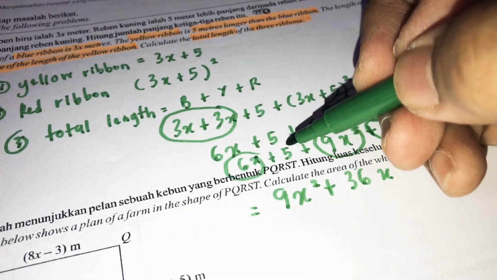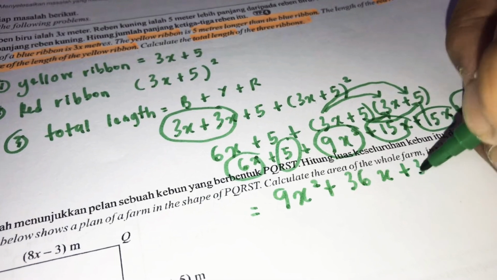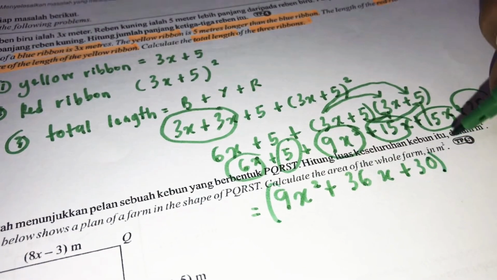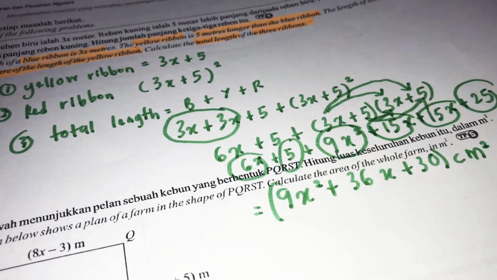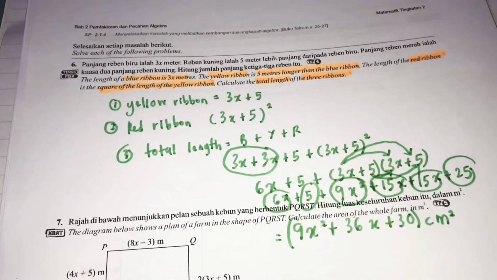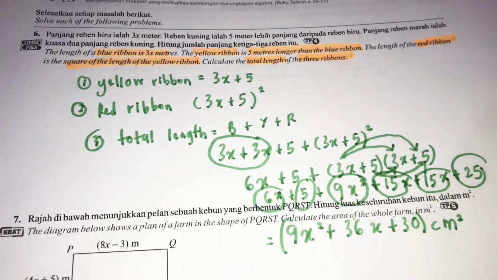And then numbers only, 5 plus 25, you get 30. Then bracket, write the unit. Then finish. That is the answer for question 6, page 16.